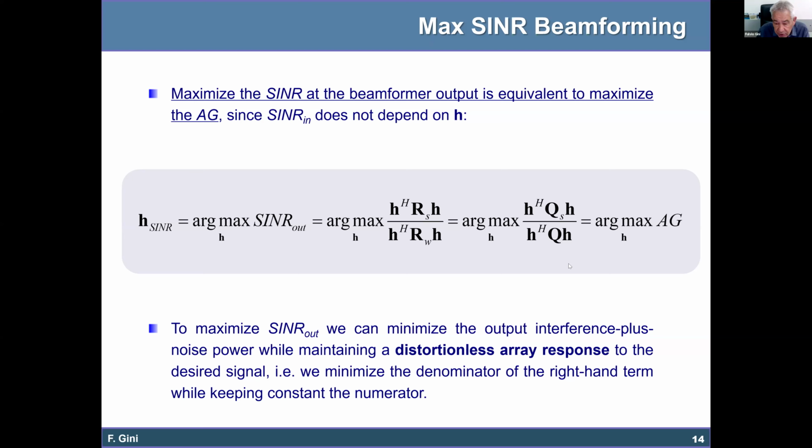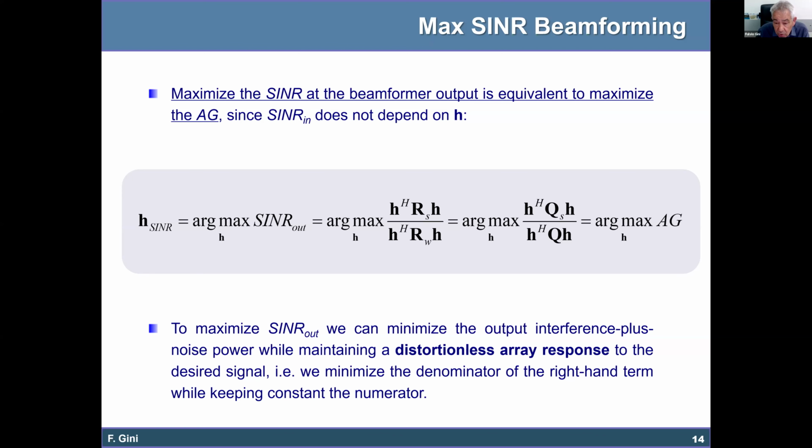Now, H is both at the numerator and at the denominator. So, we could do two different things. We could try to keep constant the denominator and maximize the numerator, or the reverse.